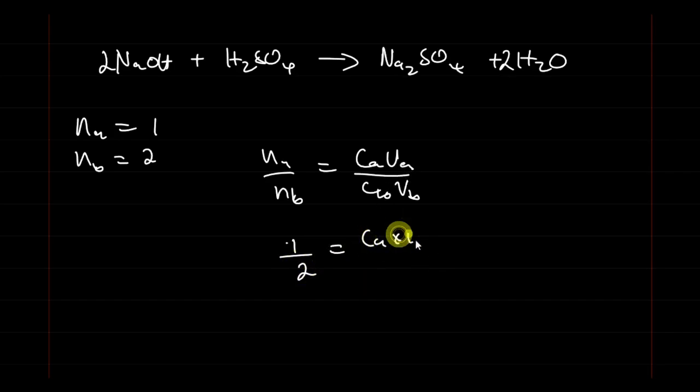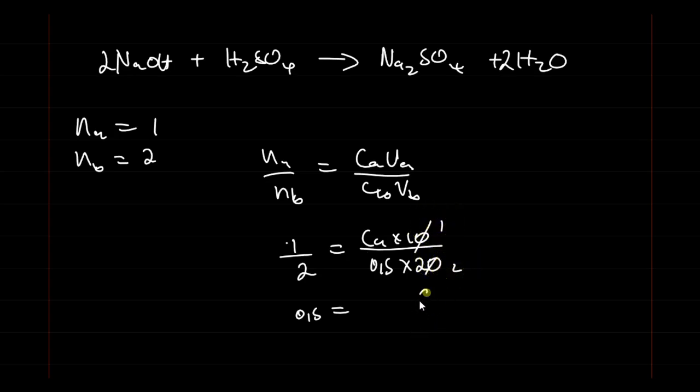So Na is 1 and Nb is 2, equals the concentration of acid, which is what we are looking for, multiplied by the volume of acid, over Cb, the concentration of the base, which is 0.5, multiplied by the volume of the base, 20 cubic centimeters. I'm not going to convert the units, because cubic centimeter will cancel cubic centimeter. Here 10 goes once, there it goes twice.